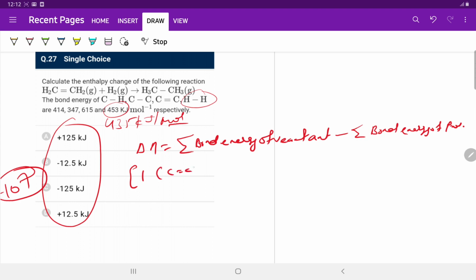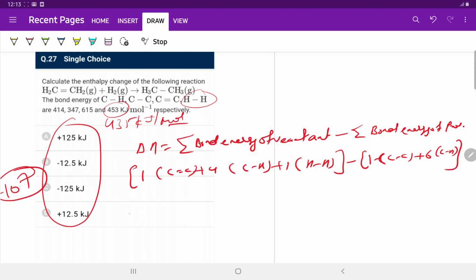One C double bond C bond plus 4 C-H bond plus 1 H-H bond, minus 1 C-C bond plus 6 C-H bond.